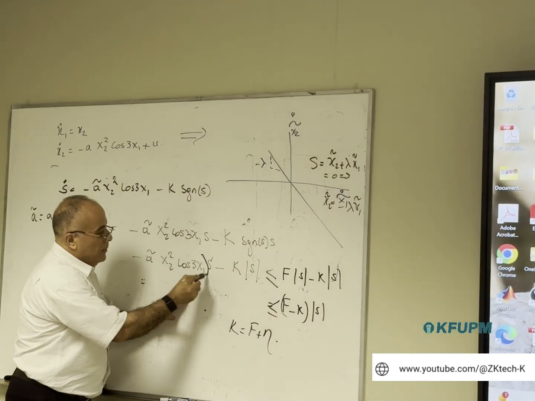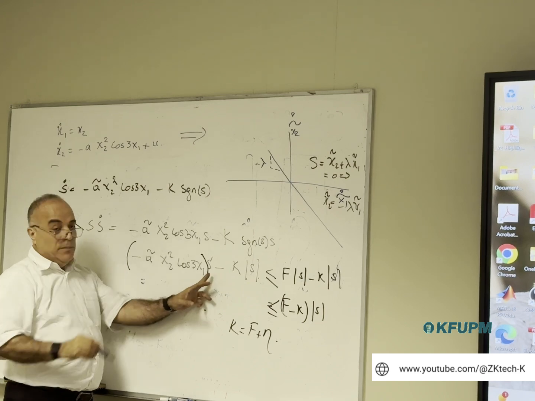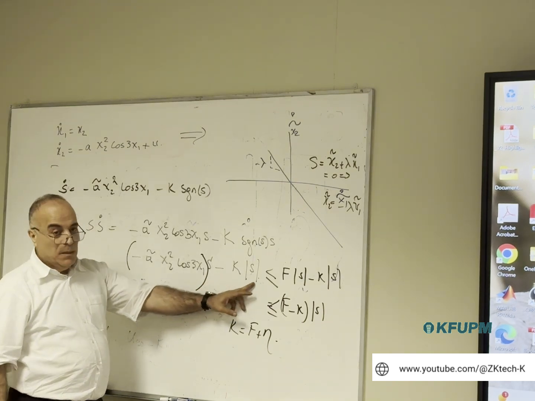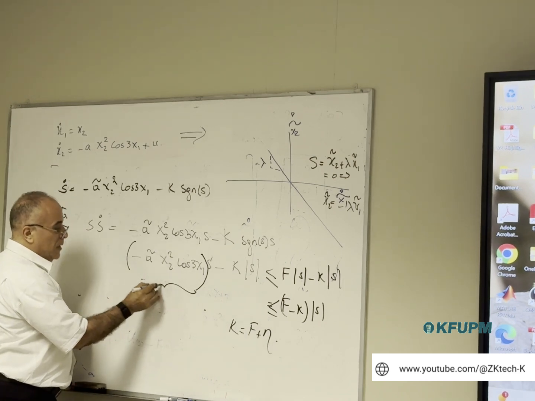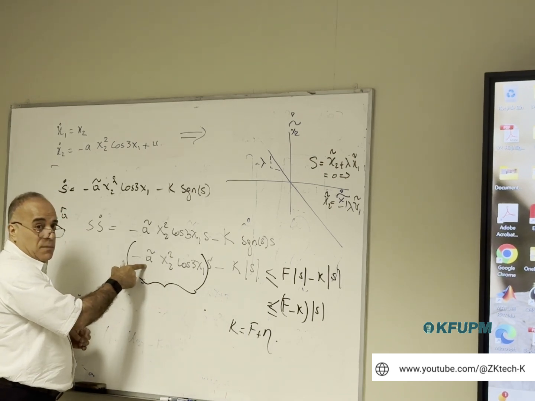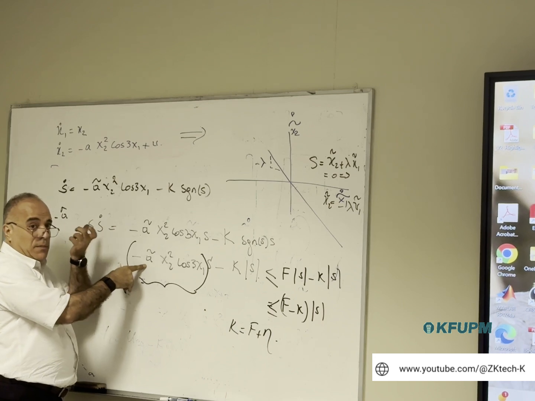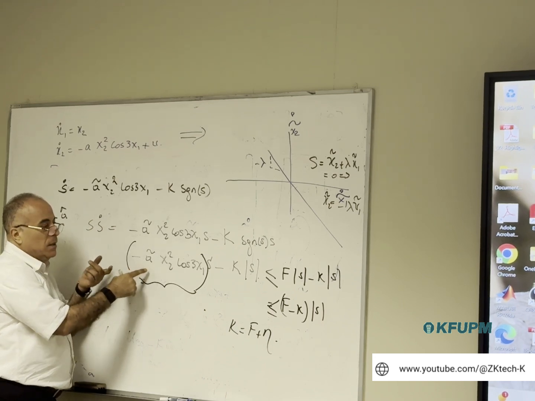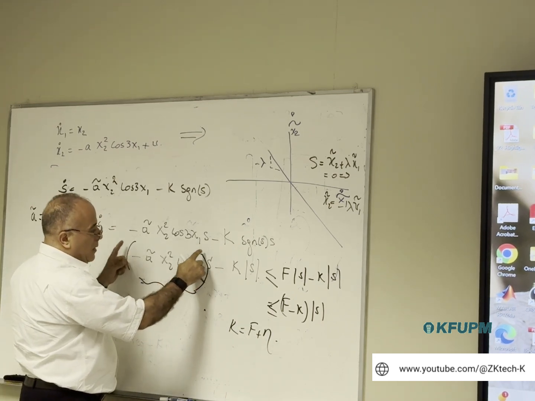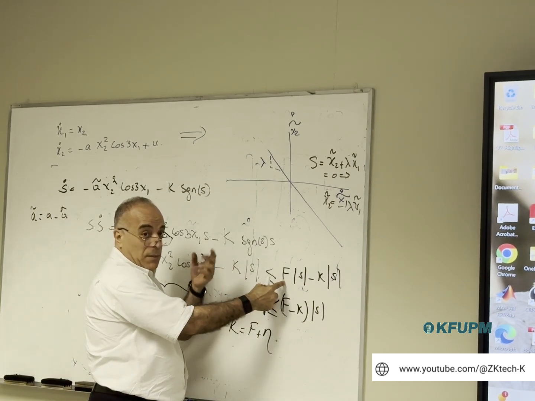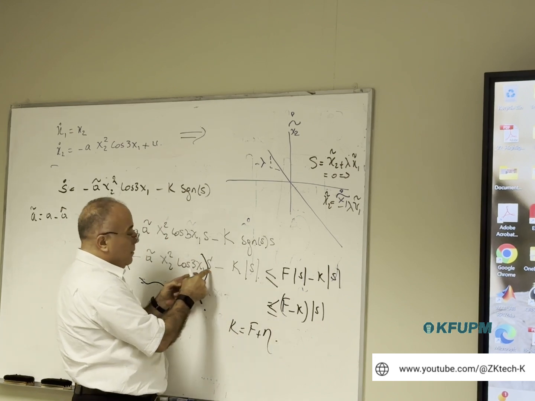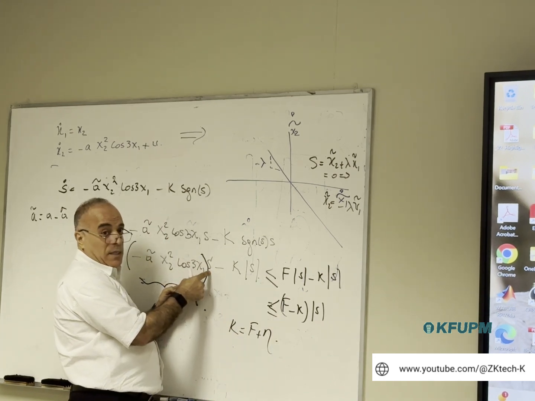So you have this term multiplied by s, minus k multiplied by the absolute value of s. You agree with that? But this term is bounded because A tilde is bounded, right? We said from the beginning it's limited by 3 or 4 or whatever. So you can say that this term is less than its bound. The bound is positive in absolute value. But you cannot multiply it by s, because s can be positive or negative.